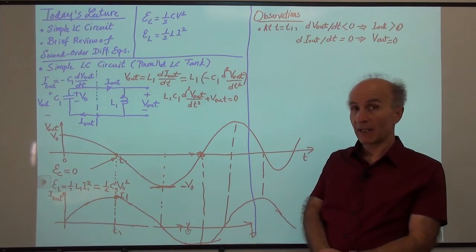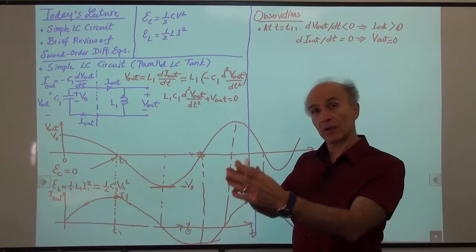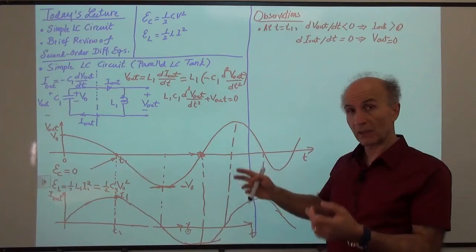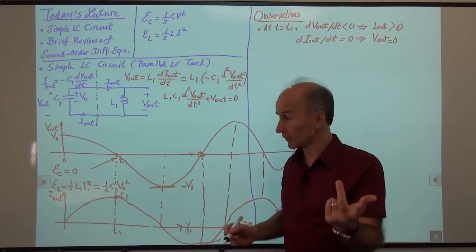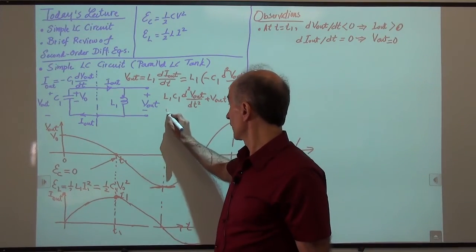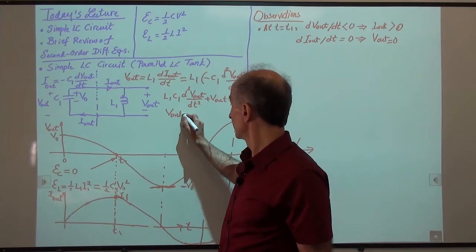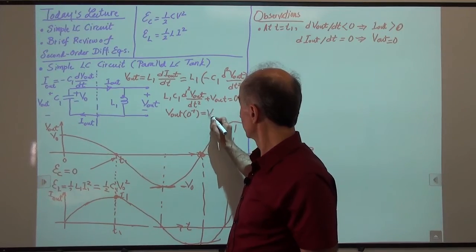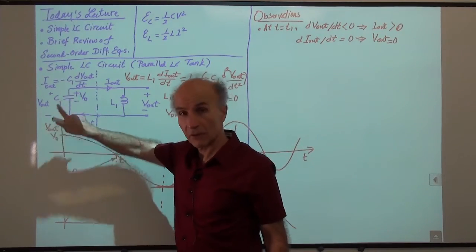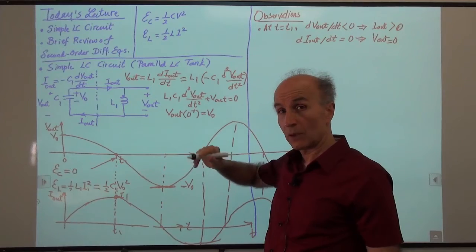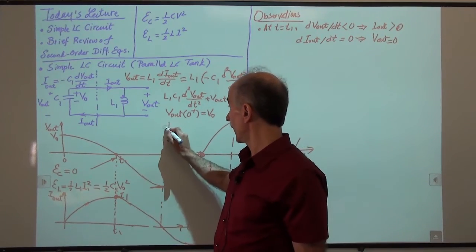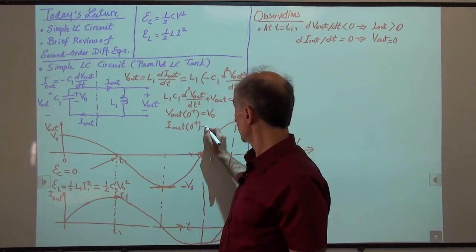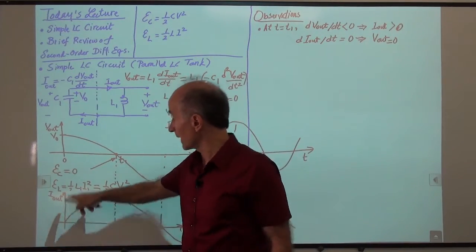Now, anytime we have an nth order differential equation, we need to have n initial conditions. So here I need two initial conditions. And I have those, right? Initial conditions are the following. We know that V out at 0 or 0 plus is V0. Remember right here, the initial condition on the capacitor. And then we need one more. So that would be I out at time 0 plus is 0 right here, because that's the current with the inductor.